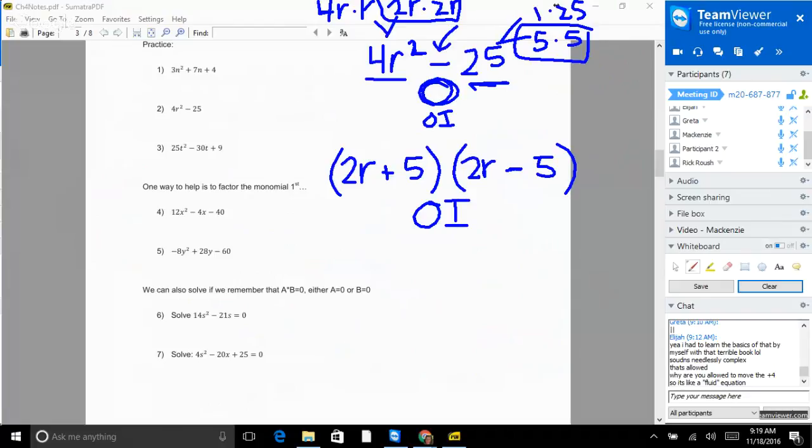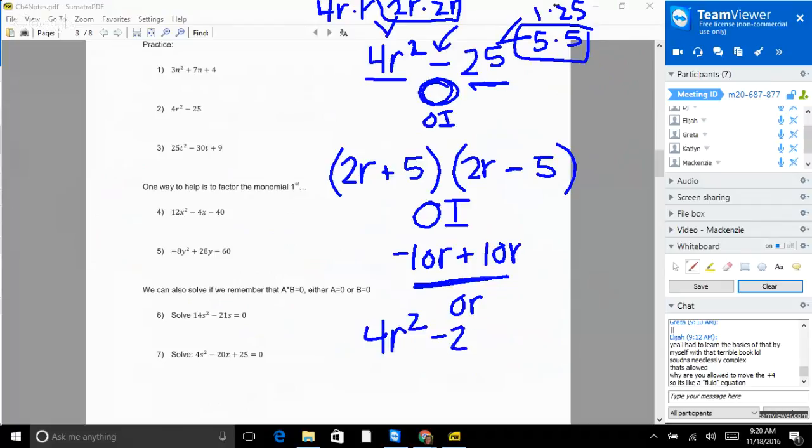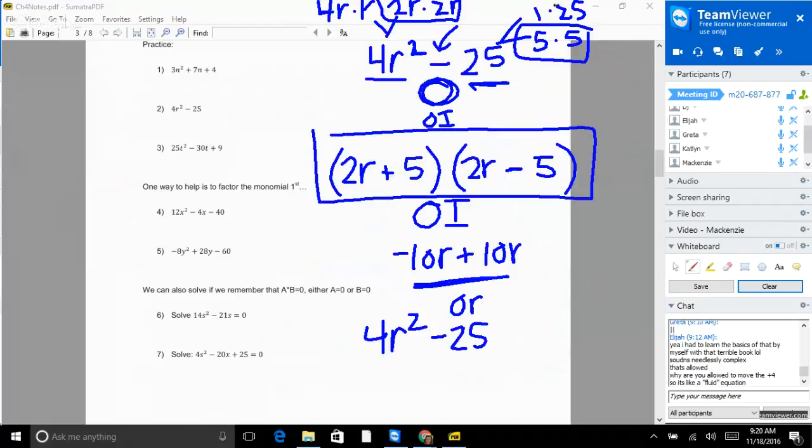My outside is going to be 2r times minus 5, so I'm going to get negative 10r, and my inside is going to be positive 10r, and those guys are going to cancel each other out to 0r, right? And so you're going to end up with 4r squared minus 25. This is how we would factor the second equation.